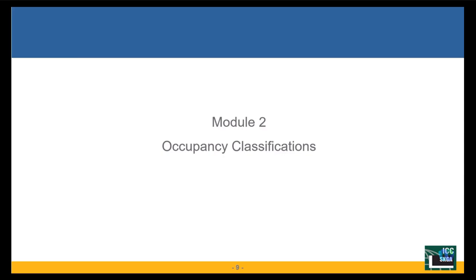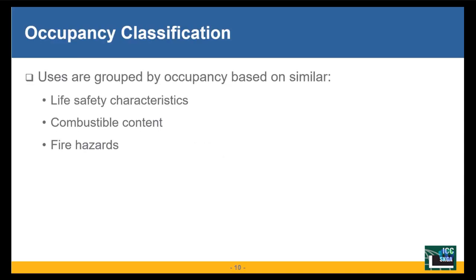Now we move into occupancy classifications. Occupancy classifications are basically uses grouped with each other based on life safety characteristics of the use, combustible content, and fire hazards. And we group them into occupancies, and then we base the code requirements differently for each occupancy.